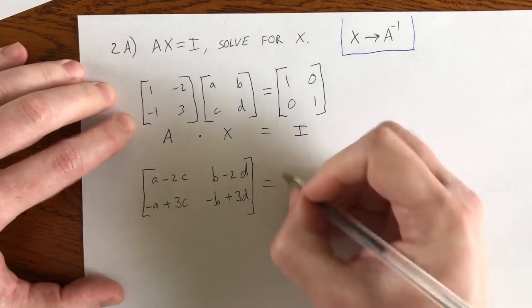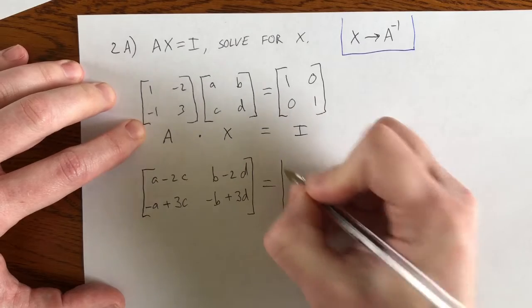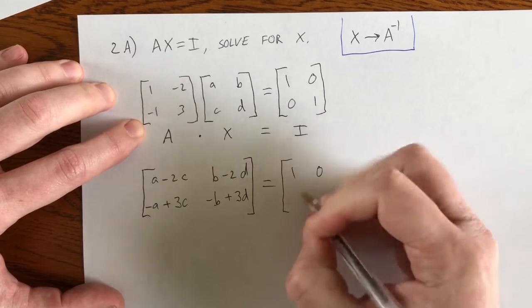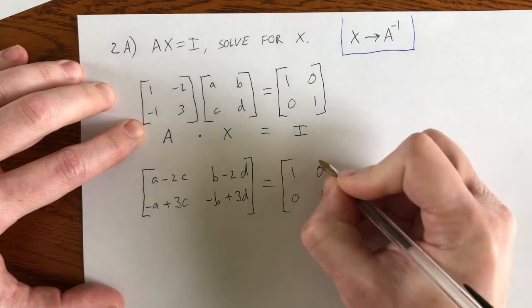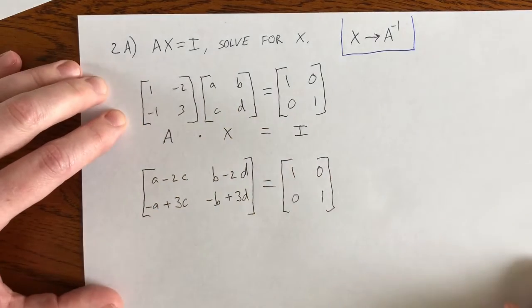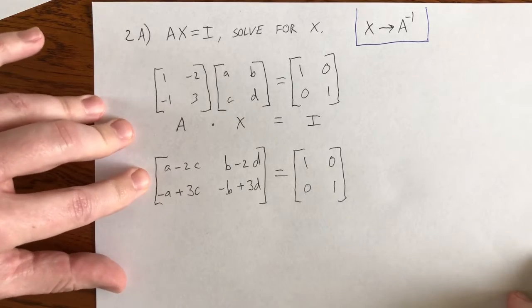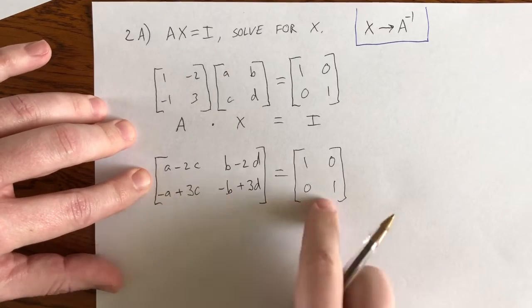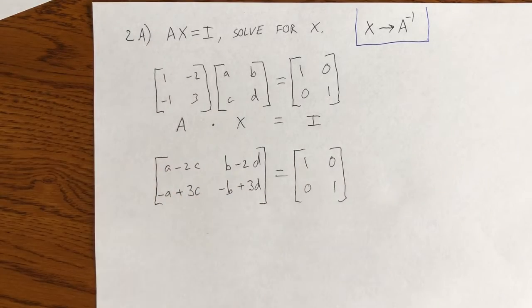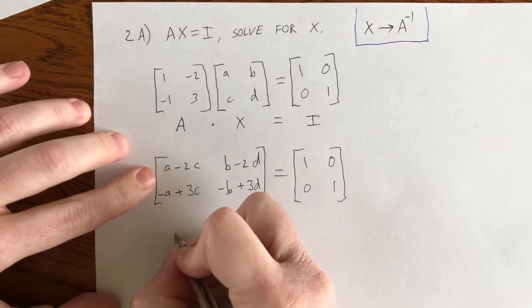And this is going to be equal to what? The identity matrix. All right, so at this point, do you remember what to do? We have two matrices set equal to one another. Therefore, corresponding entries must also be equal to one another, which means we have this.